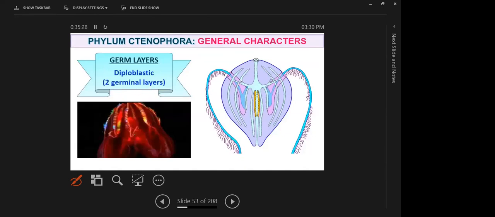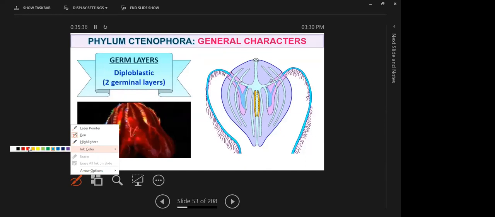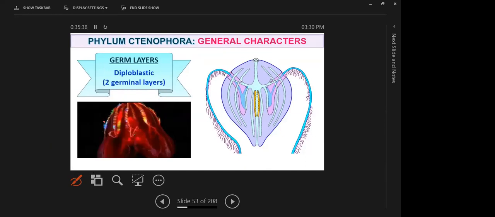They are diploblastic. What do you mean by diploblastic? Diplomatic never comes along with biology, diplomatic is economics. Diploblastic means two germ layers.